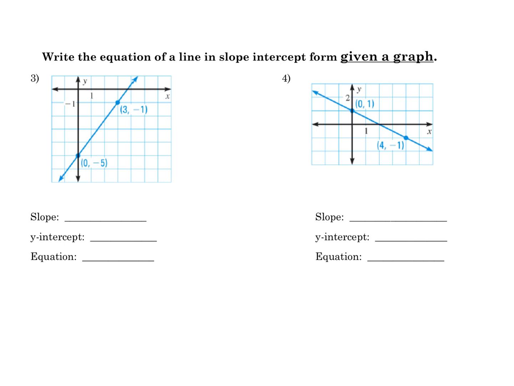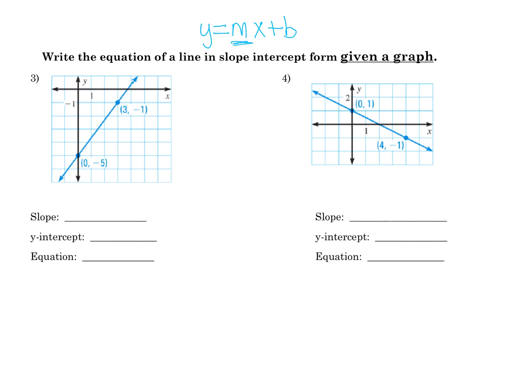So now let's look at writing the equation of a line in slope-intercept form when you're given a graph. So keep in mind that we still have the slope-intercept form of a line. And so there are two things that you will always need when you're writing an equation.